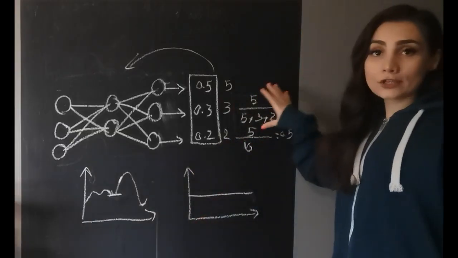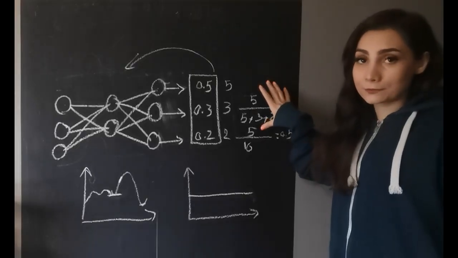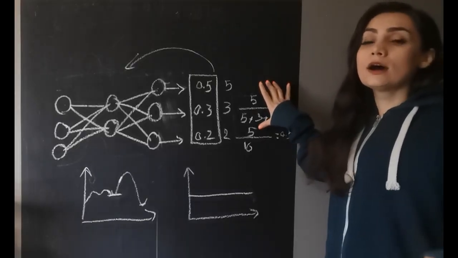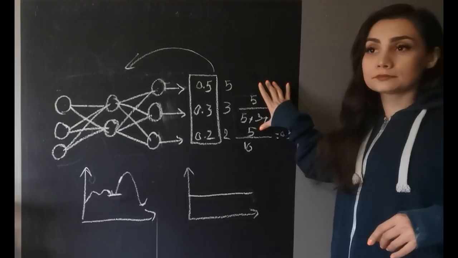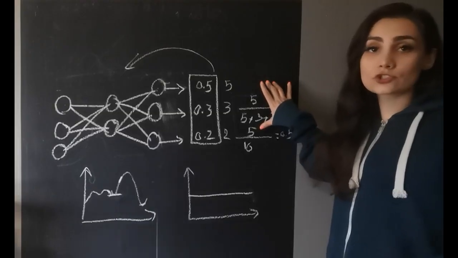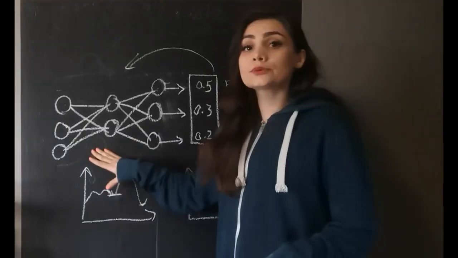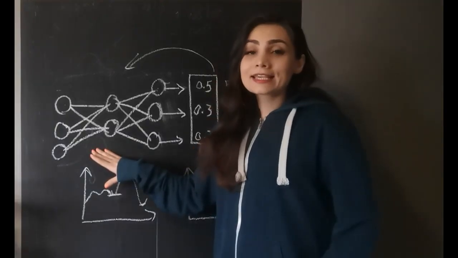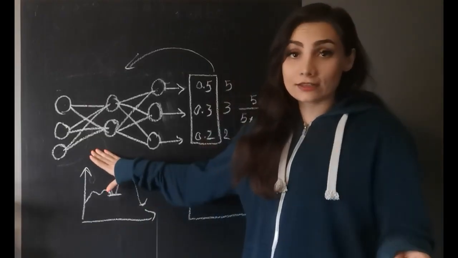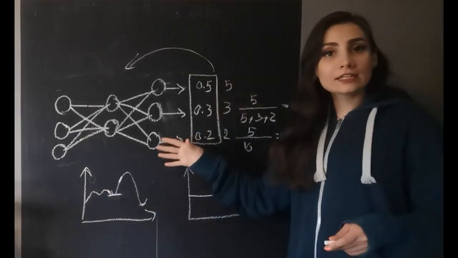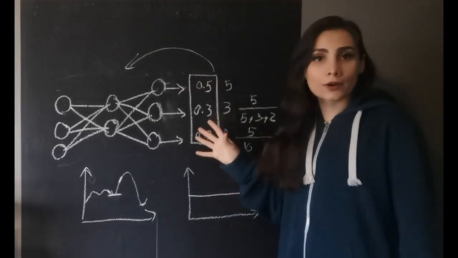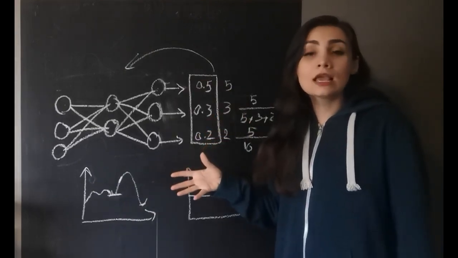So if we want to use Softmax as just a simple probability, we're going to have this problem. The neurons before the output can actually produce negative numbers, okay? So negative numbers are going to make this whole process a little bit more complicated.